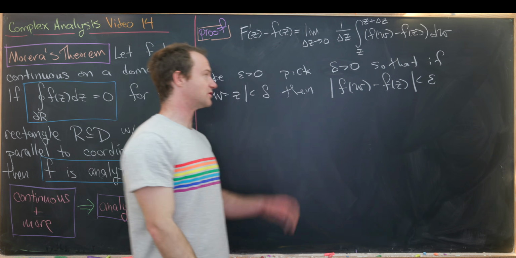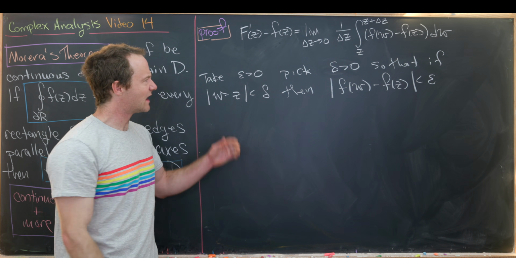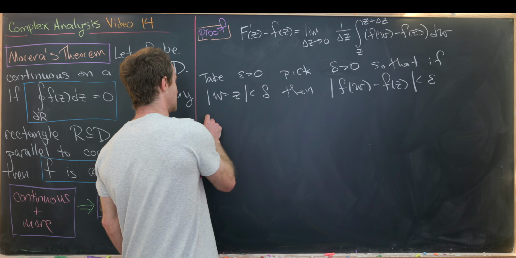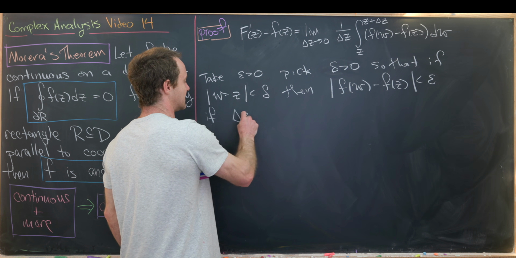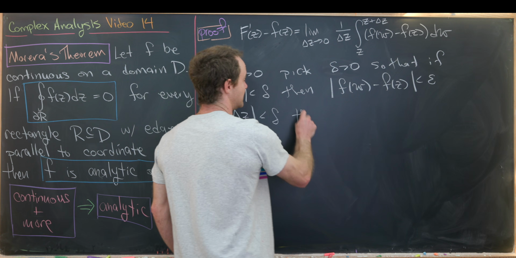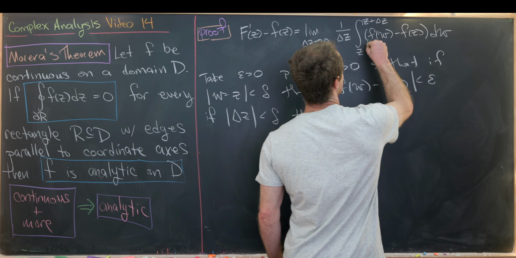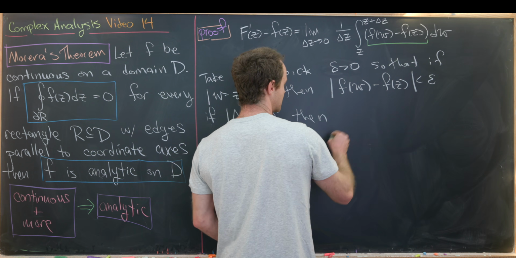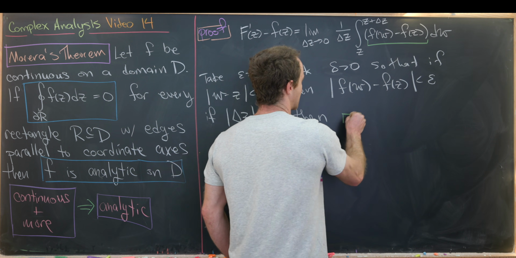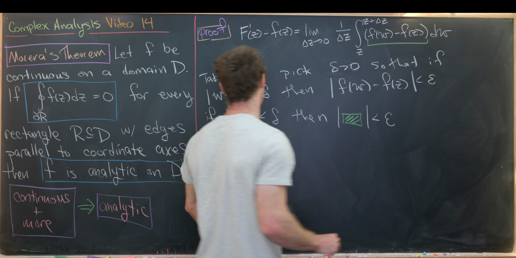So that's possible because of the continuity of f. But now let's notice that means that if the modulus of delta z is less than delta, then inside of this integral right here, so I'll just bring this down. Maybe I'll put a green box to mean that stuff within the integral is less than epsilon.